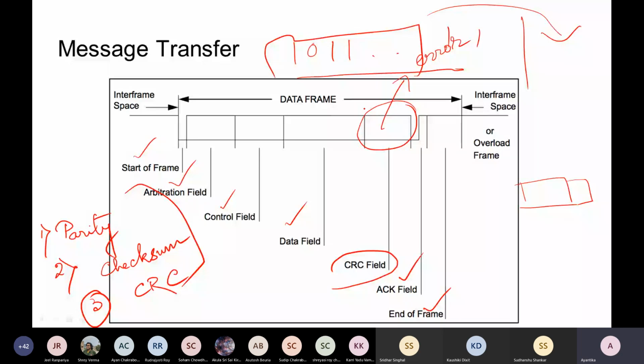It will calculate the parity of the received data and check whether it matches the value set in the parity field of your data frame. Now this parity is very simple.